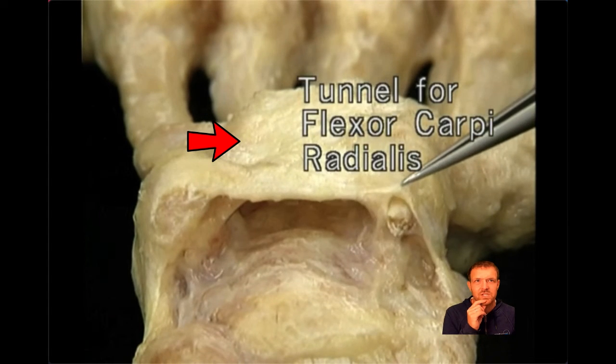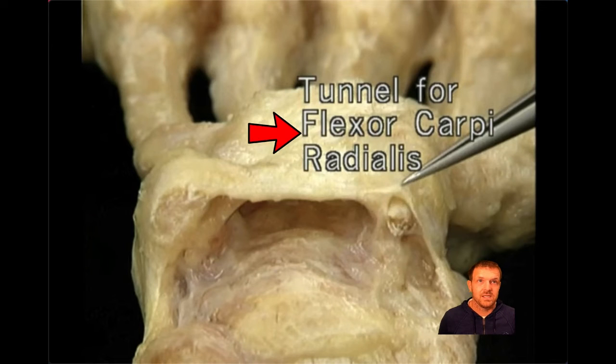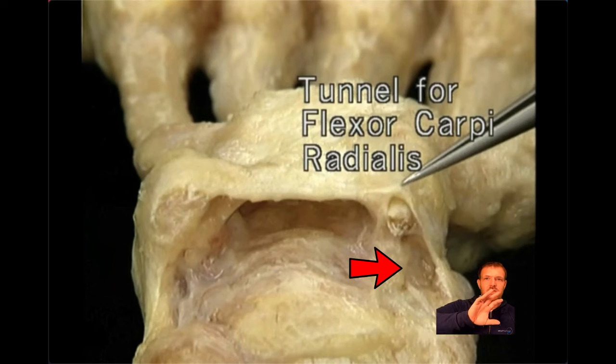So we've got this structure here. There, you've got the main carpal tunnel, which is that bit. And then on the thumb side, and we know it's the thumb side because this muscle is called flexor carpi radialis. So this tendon and the muscle runs along the radius bone. So the names of the muscles correlate with the orientation of the bone.